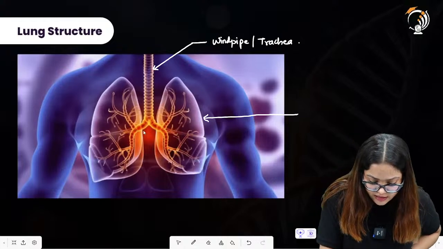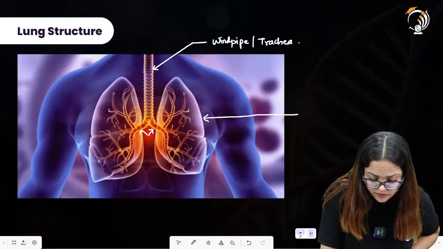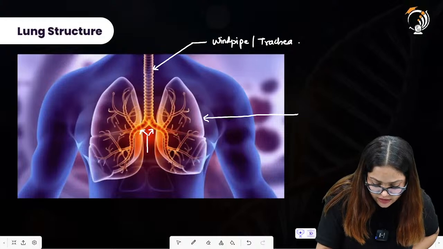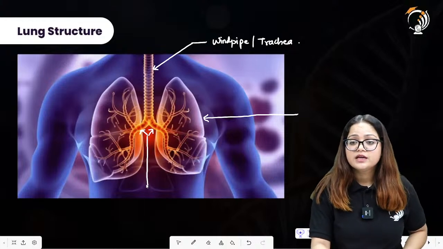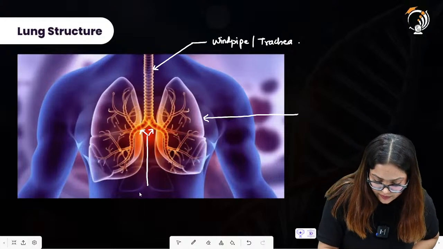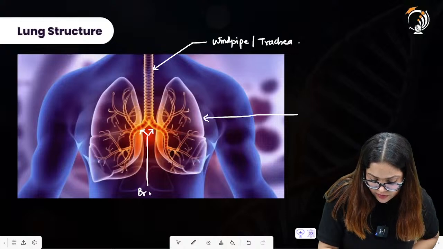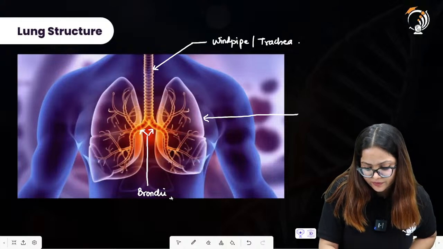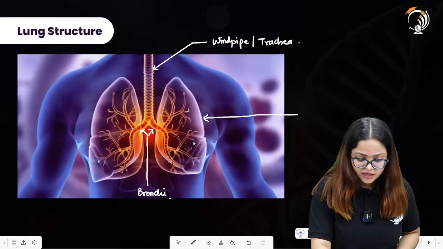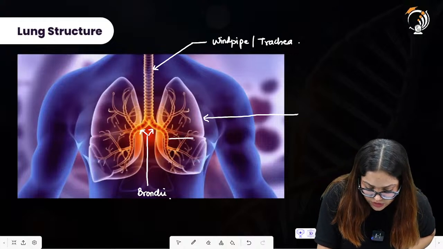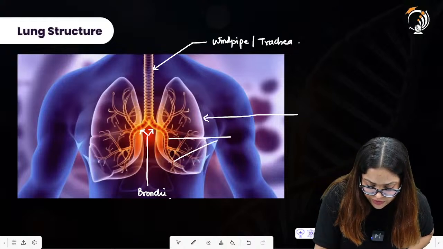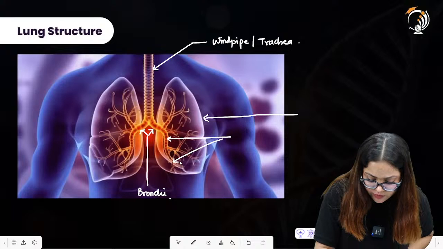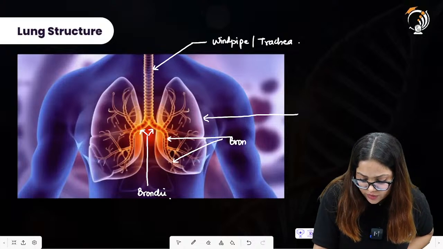What are these two structures here? Try to tell. These are bronchi. I hope this is clear. Then what are these structures which are going to be terminated into alveolar sacs? These are bronchioles.